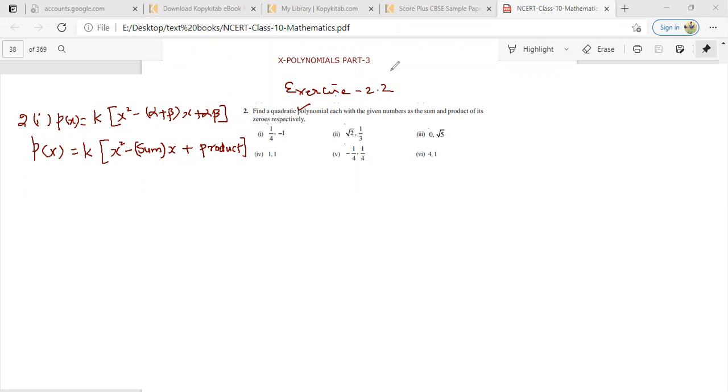But if the quadratic polynomial is given, then we can have only 2 zeros. These two things you keep in mind.